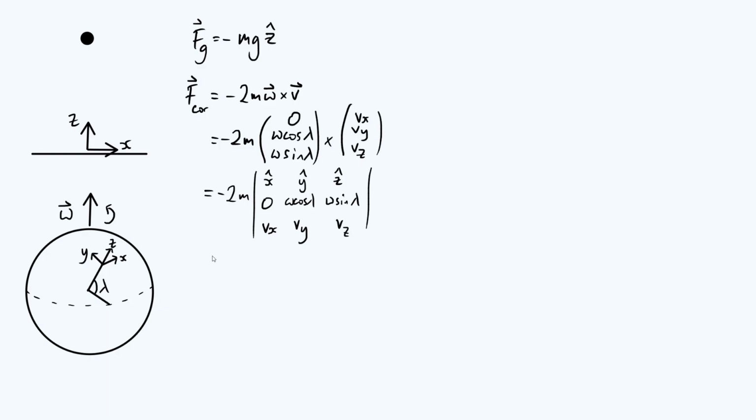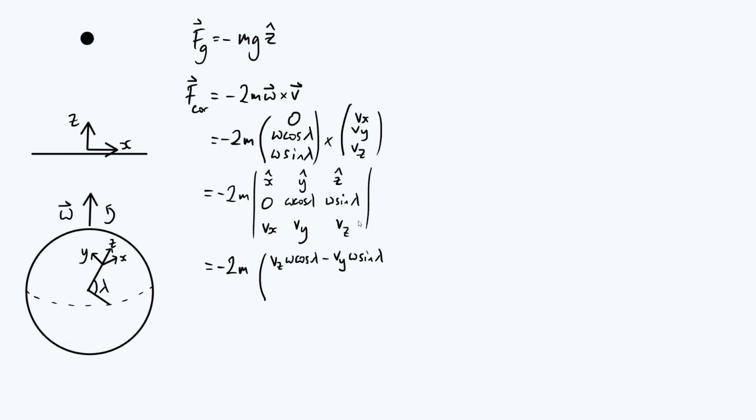Okay, so if we take the determinant of that matrix, we're going to end up with a vector whose x component is going to be vz times omega cos lambda minus vy times omega sine lambda.